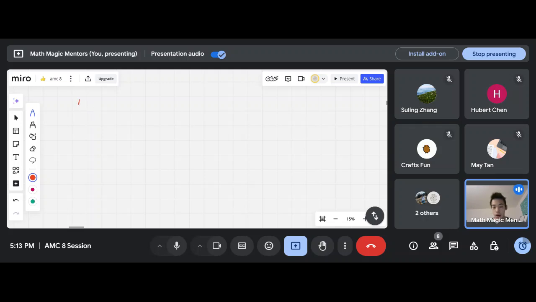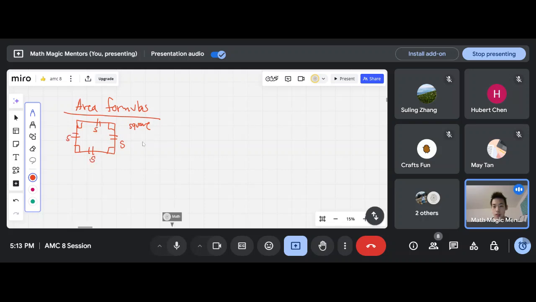So the basic area formulas that you need to know for the AMC 8 are the following. With the square, obviously the square is a rectangle with all equal lengths, side length s.